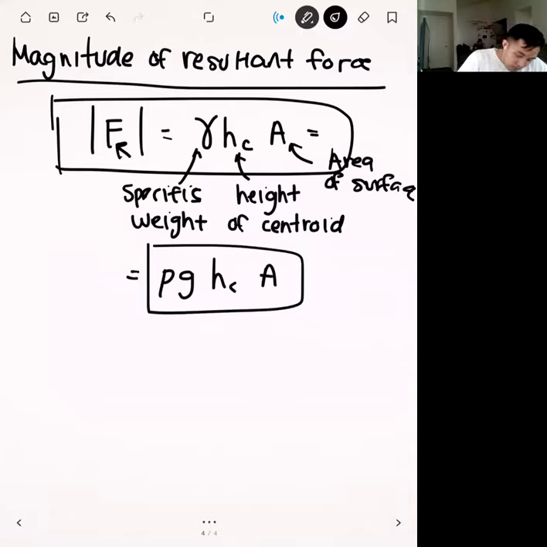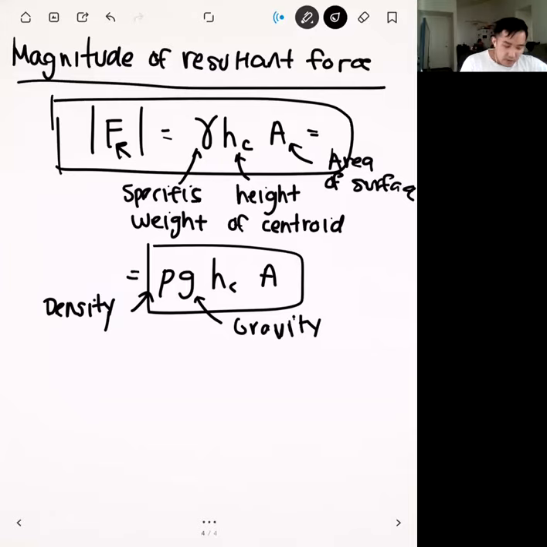Remember this rho right here, this is density, because it looks like a P, but there's no ponytail, right? So usually when I put a ponytail on the P, that means it's pressure, but this one has none, so it's just density. And here, this g is our good old gravity.